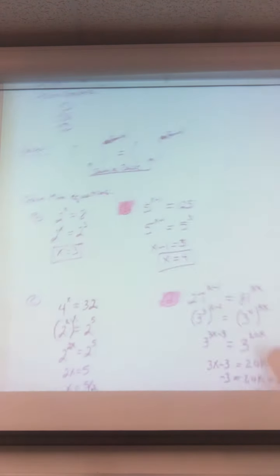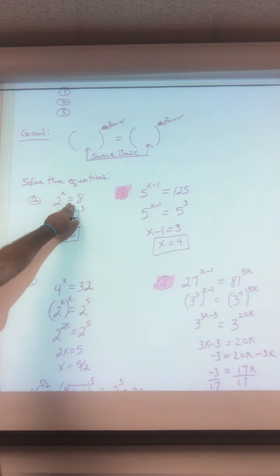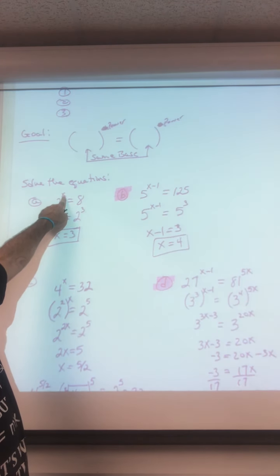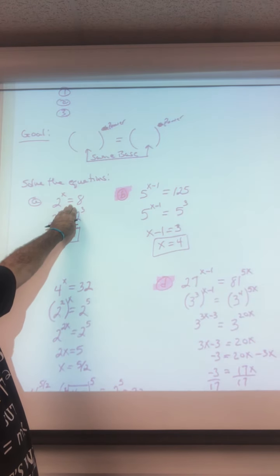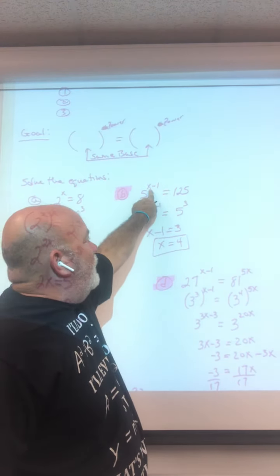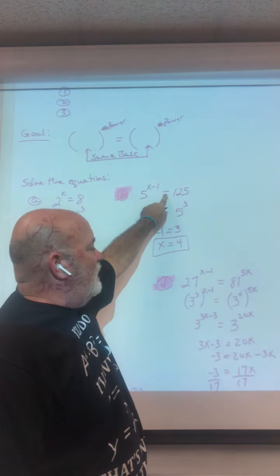Just to show you, don't write these down yet because we're going to work these in just a few minutes. Here's an equation. Look at where your variable is. Your base is a number. This is an exponential equation. Your variable is up here, your base is a number. This is an exponential equation.